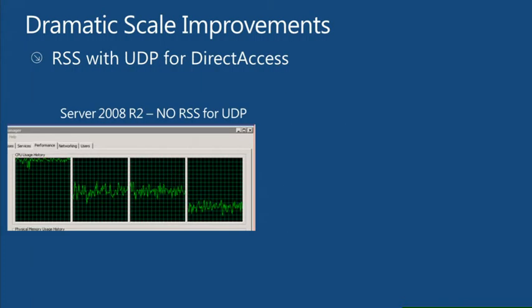And how have we done this? We did this with a variety of different improvements. For instance, in Server 2008 R2, we did not have support for RSS, receive side scaling, for UDP. So when clients are connecting over Teredo, which uses UDP, the traffic was always pegging one core, if you had a 4-core CPU in this case, and traffic wasn't getting distributed evenly.